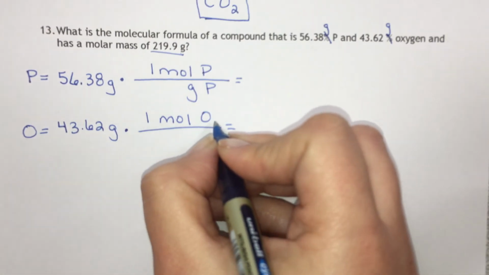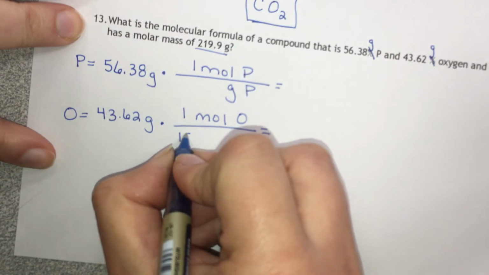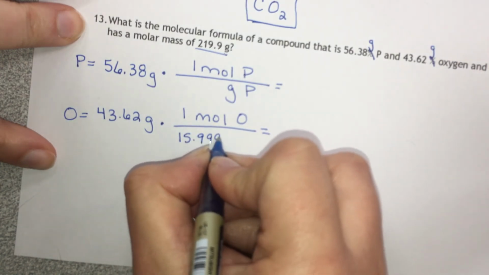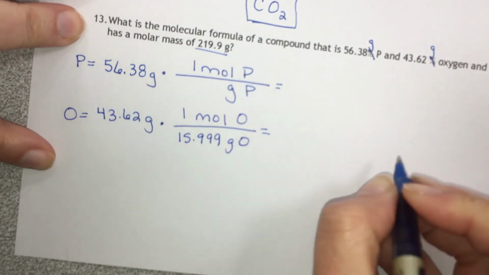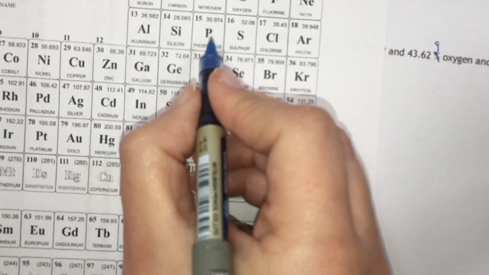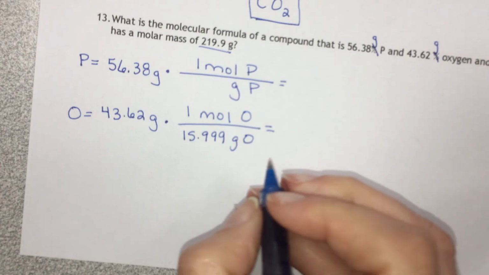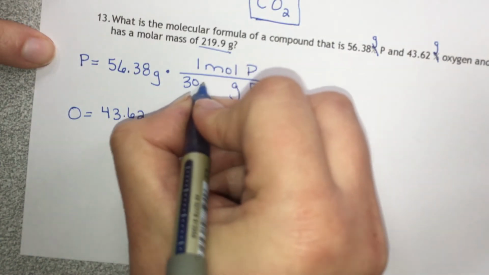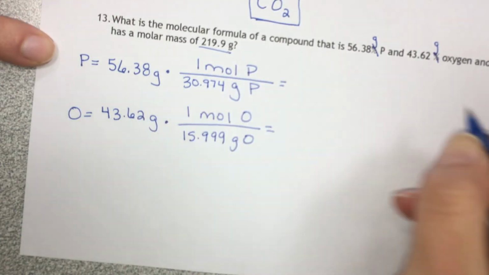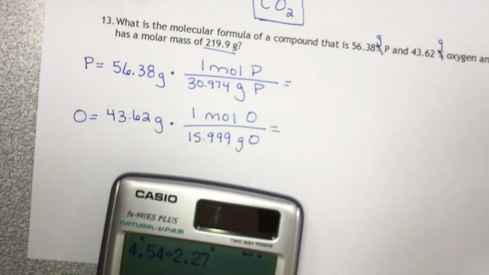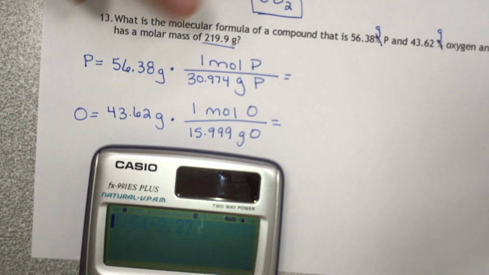So for every 1 mole of oxygen, we will have 15.999 grams of oxygen. For every 1 mole of phosphorus, we will have 30.974 grams of it.